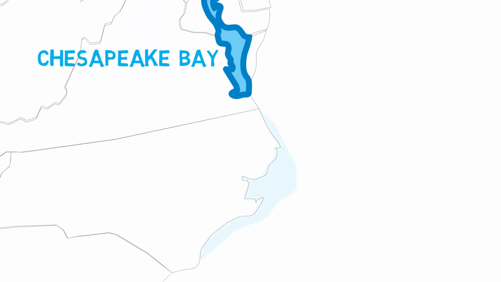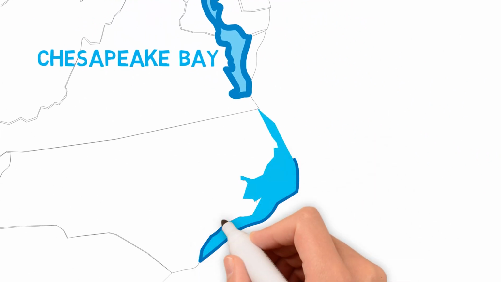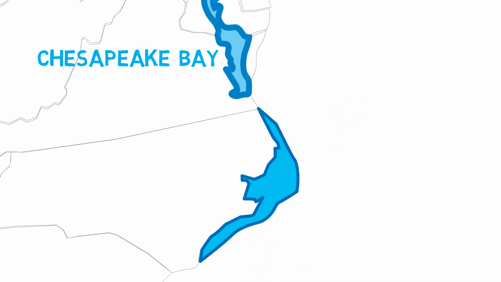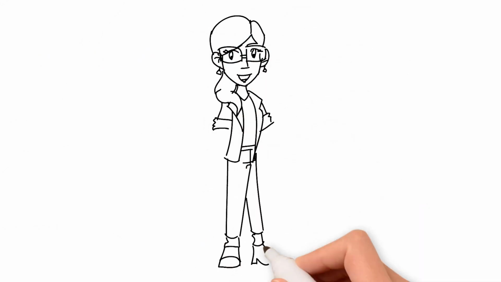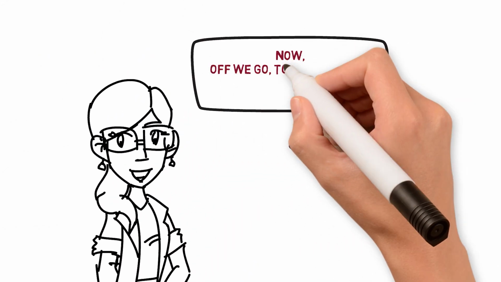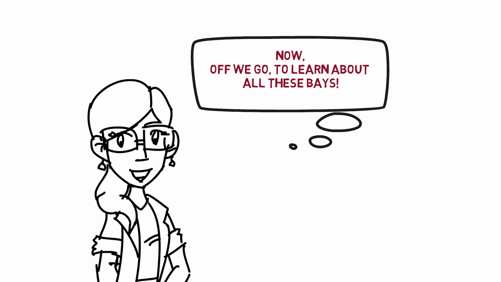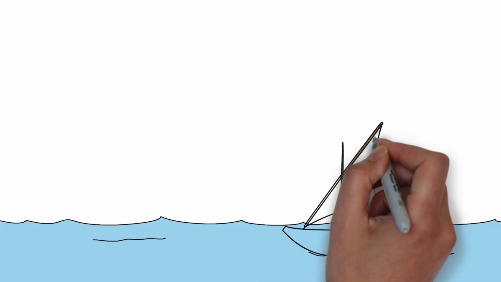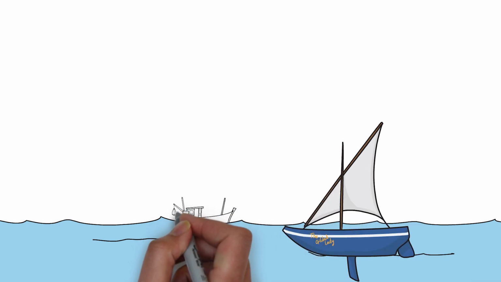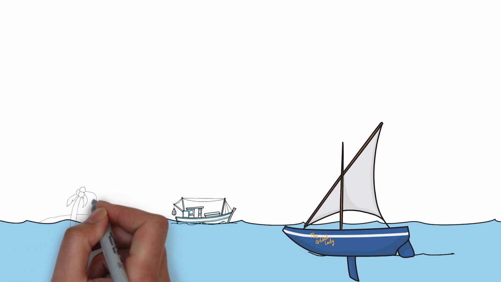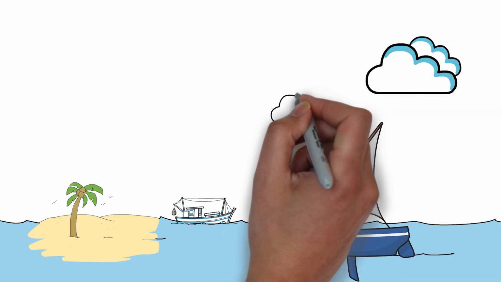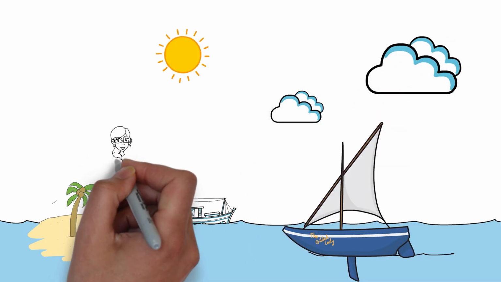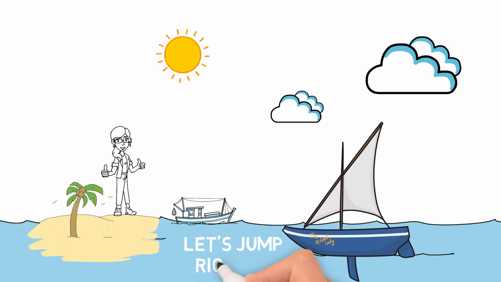Lastly, for our final destination, we go to the East Coast, south of Chesapeake Bay, where we will learn about Pamlico Sound. Now off we go to learn about all these bays. Let's jump right in.